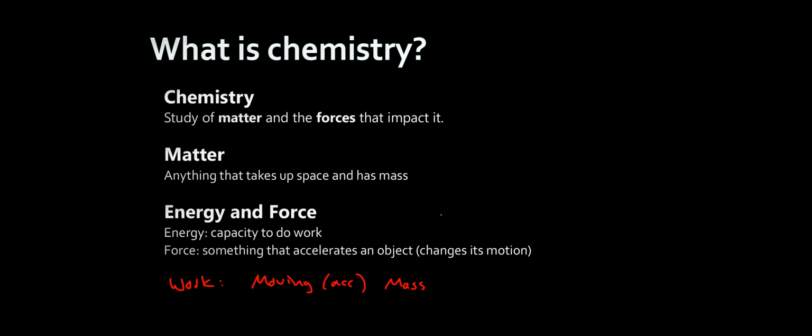So basically you can imagine any situation where mass is moving, where matter is moving because of a force, that's work being done on the object. Okay. So when we talk about biology, in the majors class, we'll talk about this in chapters 8 through 10. In the microbiology class, we'll talk about this a little earlier.